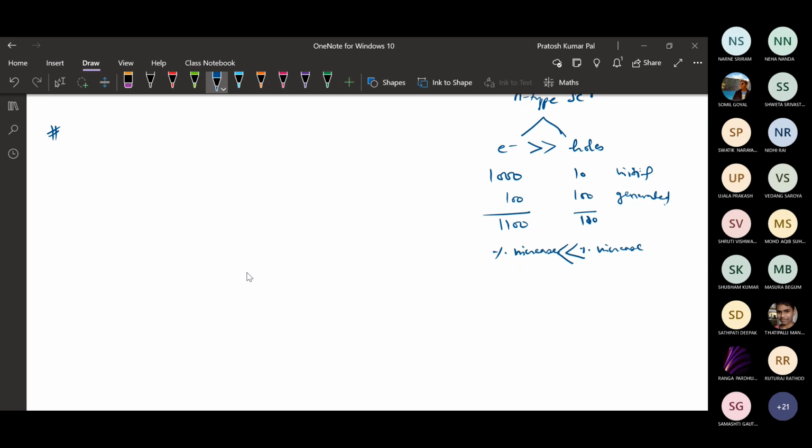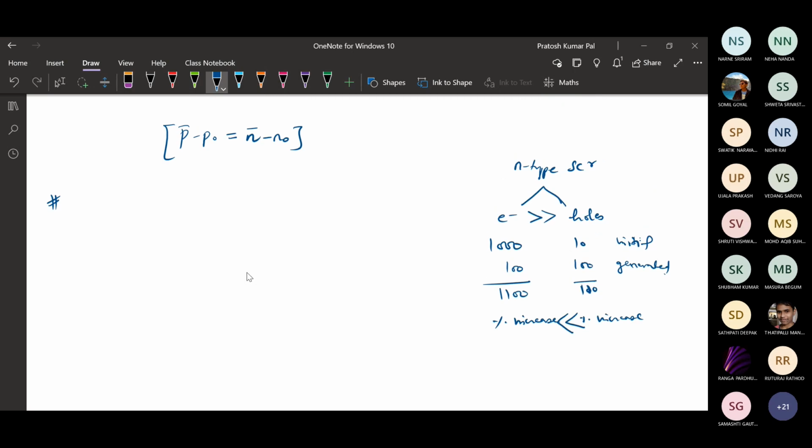Because of this, we will focus on the property of the minority carriers, the holes, which have increased by a much larger amount, and how they are going to behave.